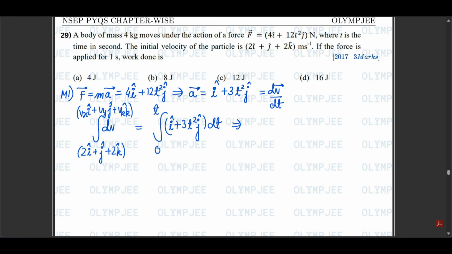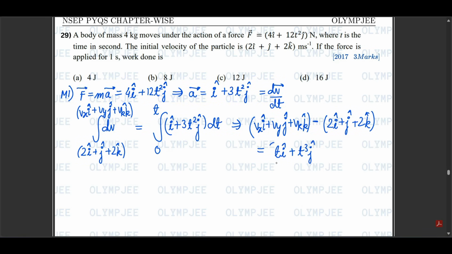From here we'll get vx i cap plus vy j cap plus vz k cap minus 2 i cap plus j cap plus 2k cap is equal to, this will become t and this will become t cube by 3, and this 3 will get cancelled, so you get t i cap plus t cube j cap, right?